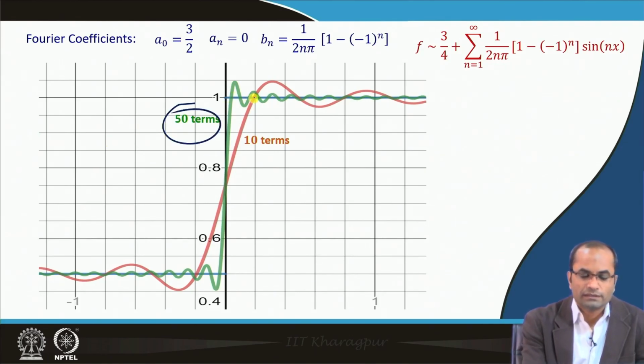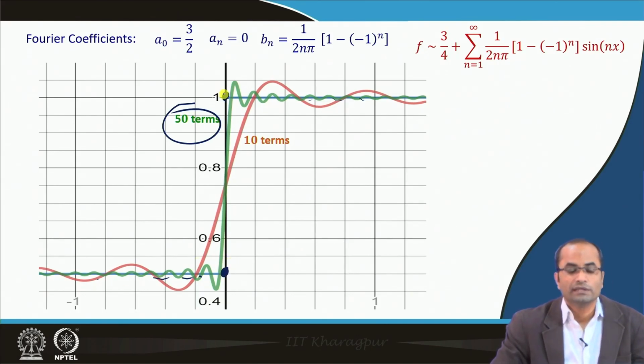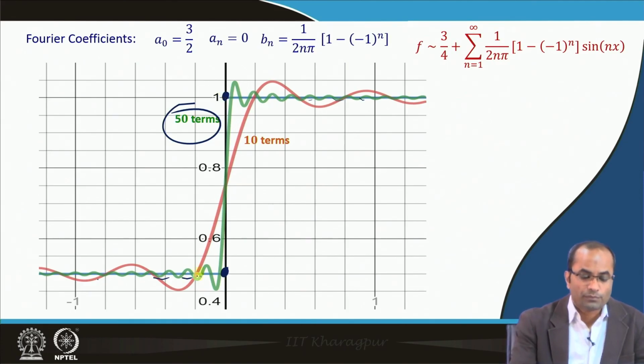Now you can see it is quite close to the function here as well as here, but there is a point here, the discontinuity point, where the function value on this side was half, and then we have this 1 value. It is problematic, and it is always crossing at this middle value between 1 and 1/2.